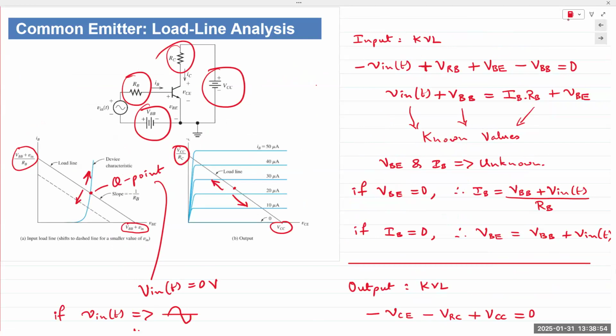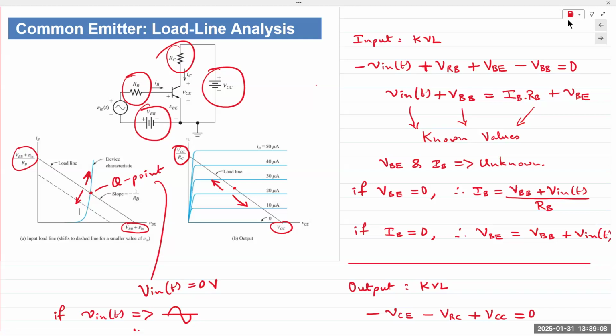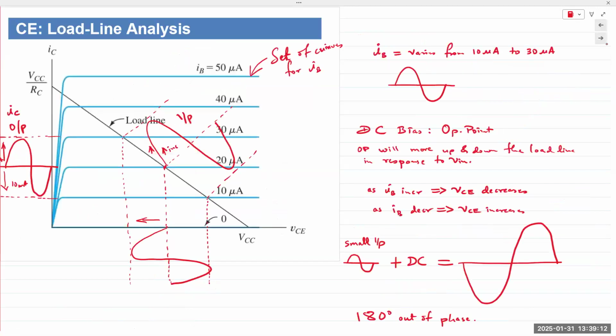The values of these components and these voltages will bias the circuit and fix the operating point in the middle of the active region. But let's say the circuit is not well designed.